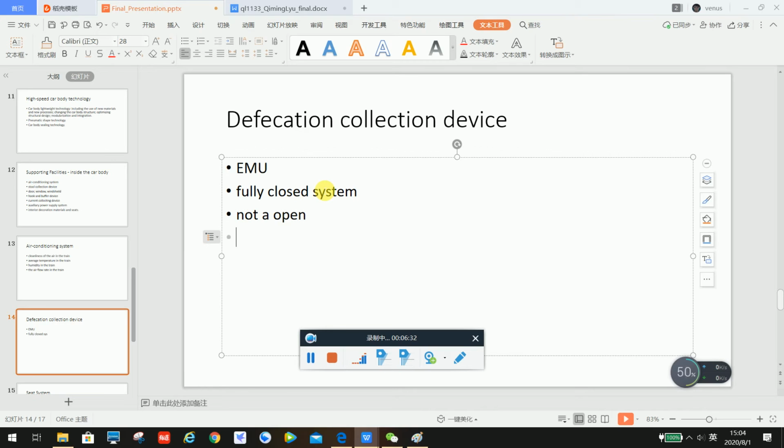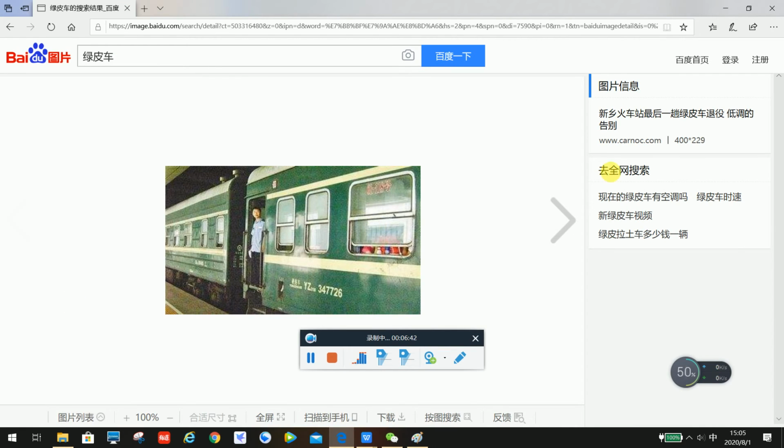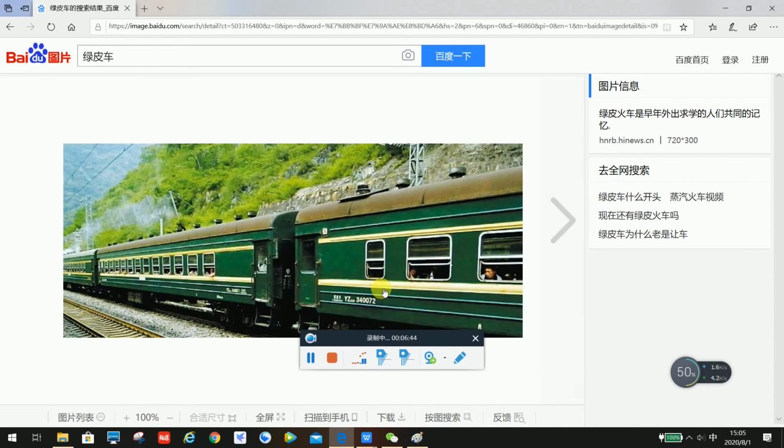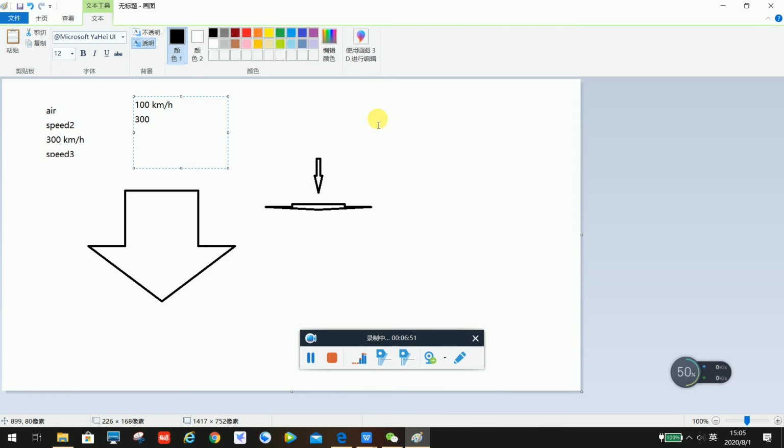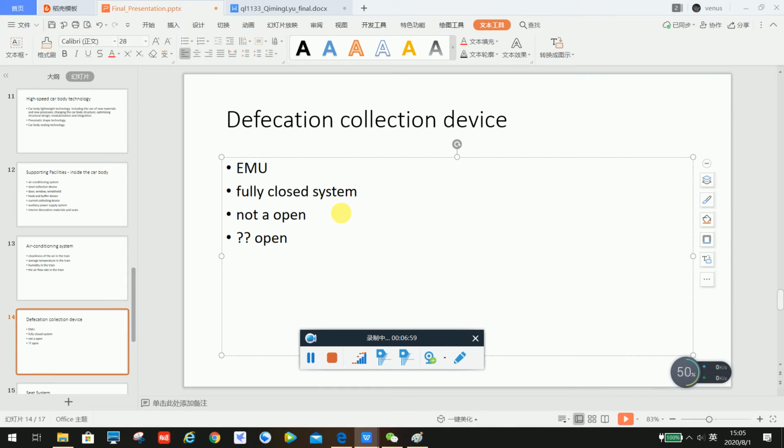What is the open collection device? You can see in the old general trains, the waste is thrown out of the train. But in the high-speed EMU train, it adopts a fully enclosed collection system.